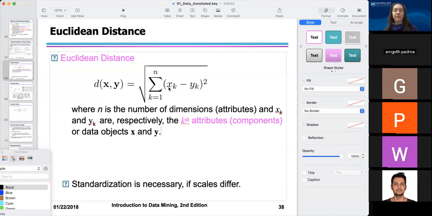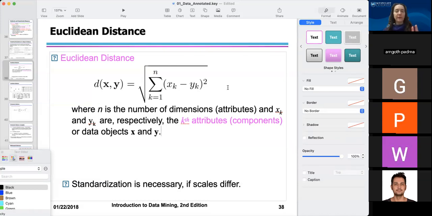The value for attribute 1 for object X, subtract the value for attribute 1 for object Y. Then square it and take a square root of it. And we're going to add to this attribute 2 after that, if we have two attributes.